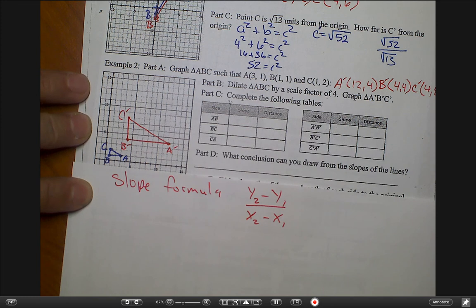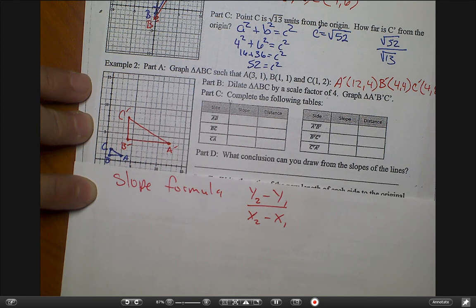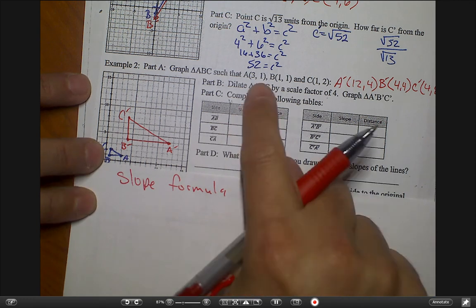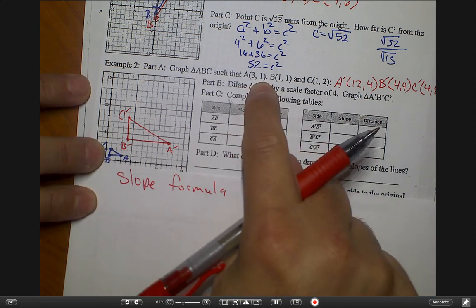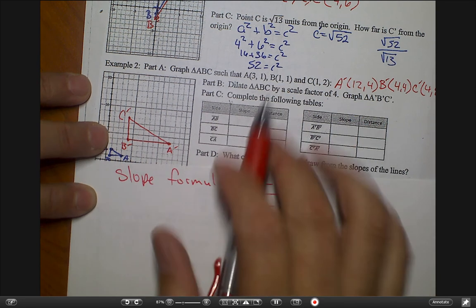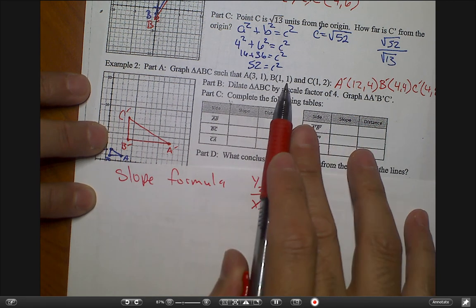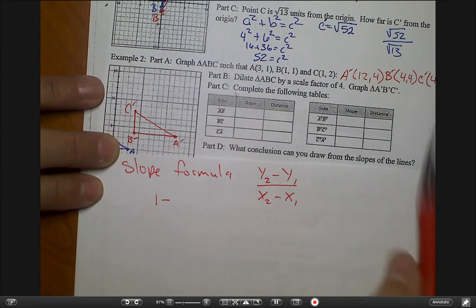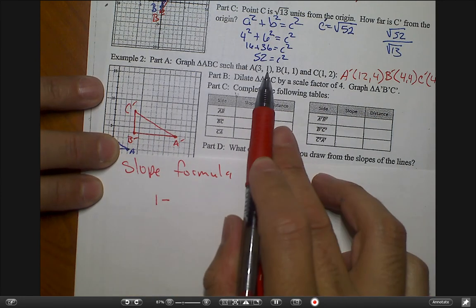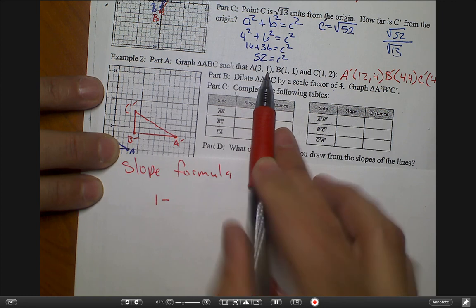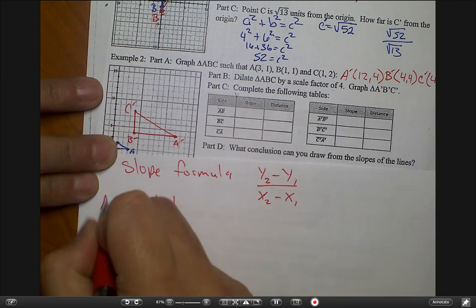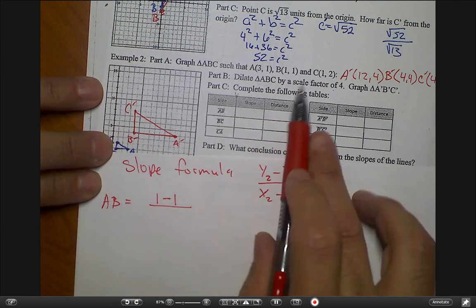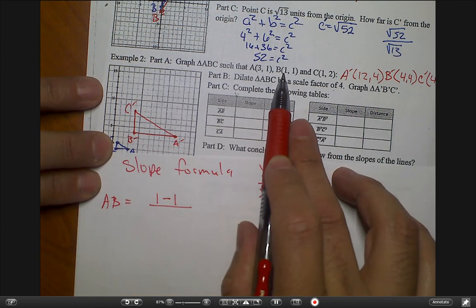So my first one is going to be AB. We're doing the slope of these ones. So if I'm looking at it like this, y2 is y from the second point. So that's going to be 1 minus y from my first point, 1, right? This one's for AB. Over, on this one right here, we're going to have x from my second point.